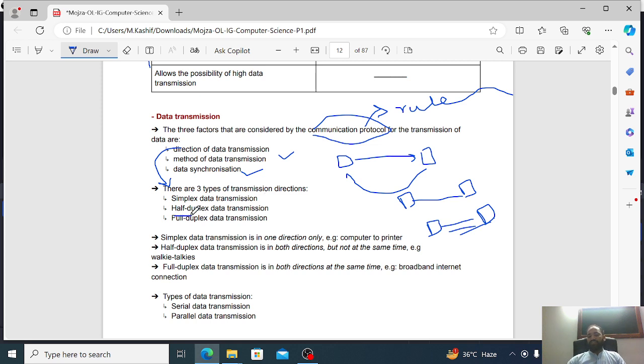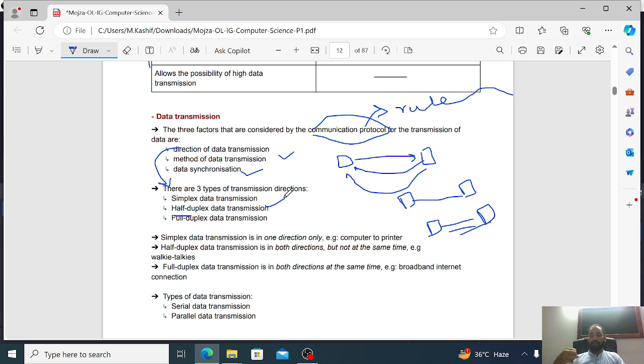Half duplex data transmission means data will be sent from source to destination and also from destination to source. It means they have two directions, but not at the same time. A famous example of half duplex is the walkie-talkie wireless set. Your browsing is also an example of half duplex.